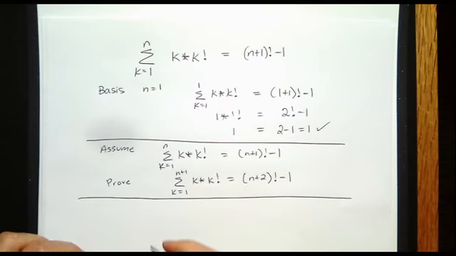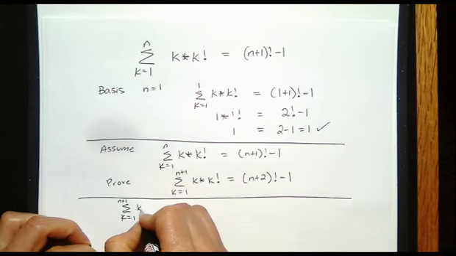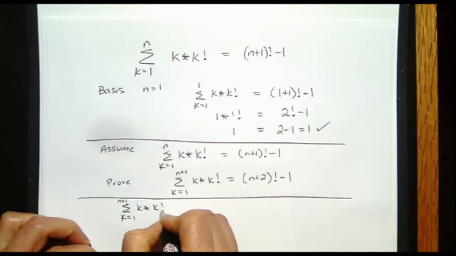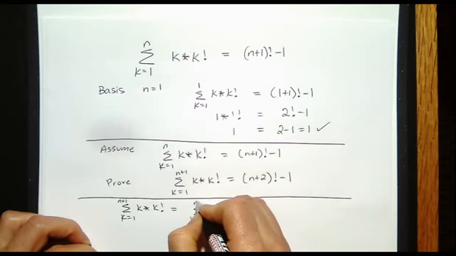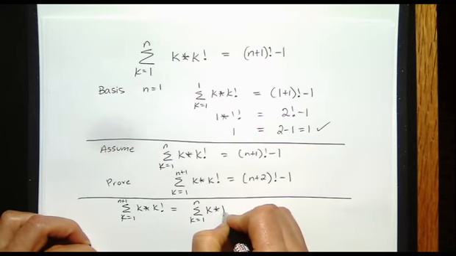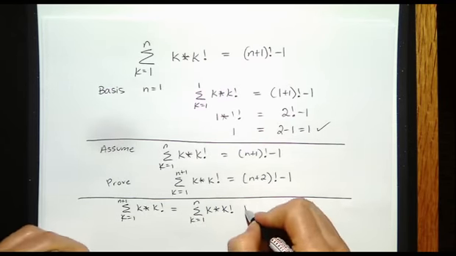And then we start with the left-hand side of the prove, and set it equal to the left-hand side of the assume. And then I have to fix it. And we just figured out that the difference between these two was just the last term, which is n times n factorial.